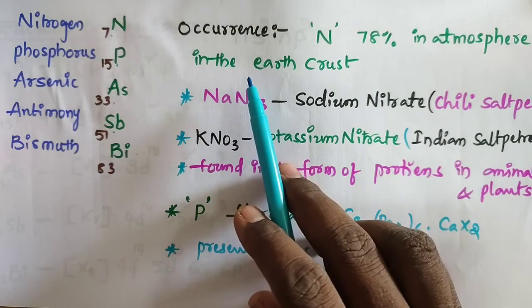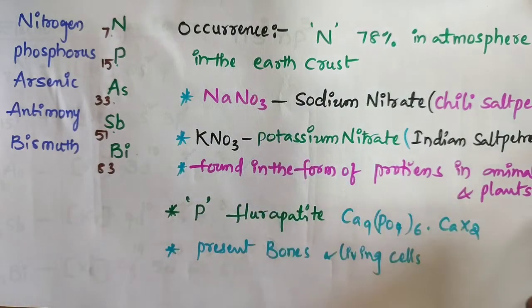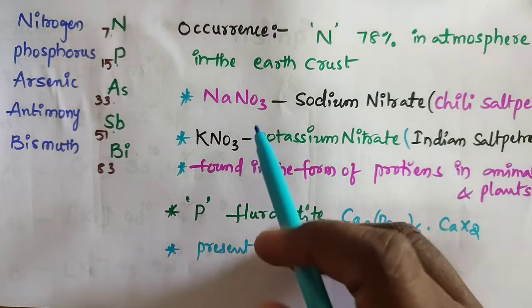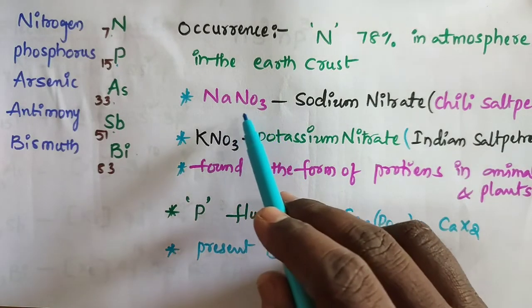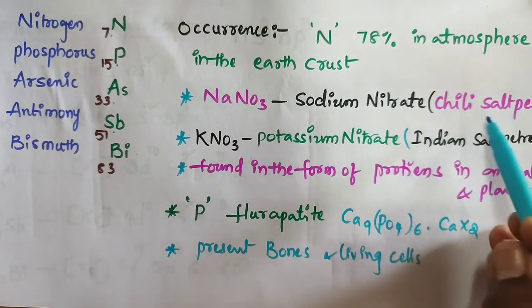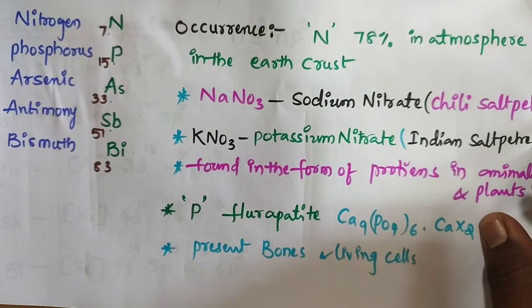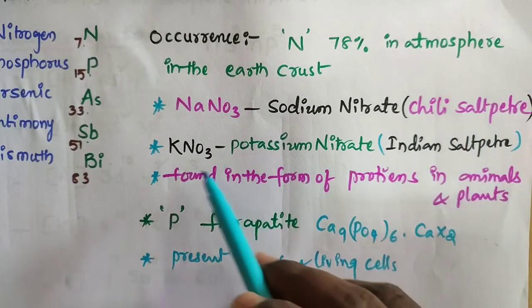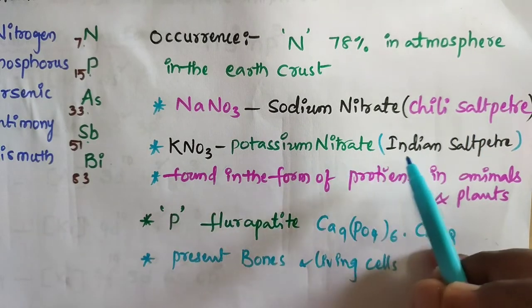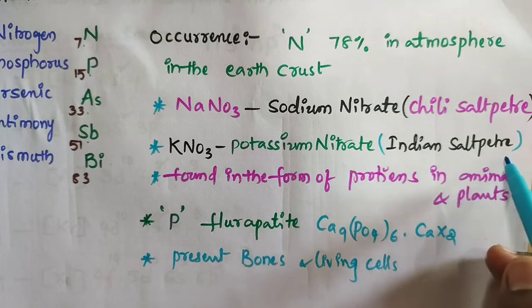Now occurrence: nitrogen is available at 78% in the atmosphere, and also in the earth's crust in the form of NaNO3, sodium nitrate, which we call Chile saltpeter, and KNO3, potassium nitrate, also called Indian saltpeter.